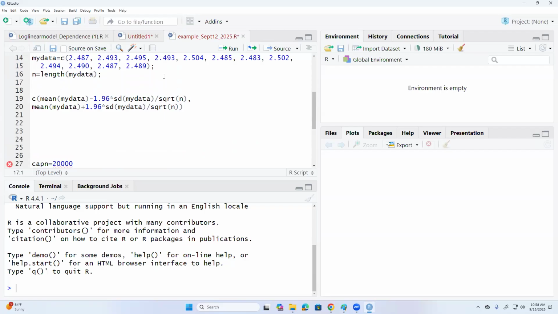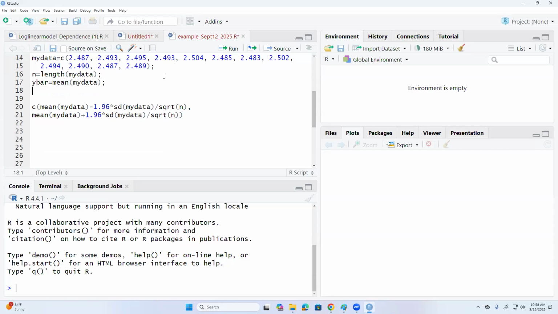And instead, what about I call it y bar? y bar is equal to the mean of my data, and my SD is equal to the SD of my data, the sample standard deviation. Because if I write this line of code, that means I'm calculating the same quantity again and again, but I calculate them once and then use them repeatedly.